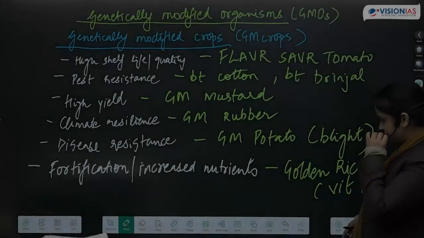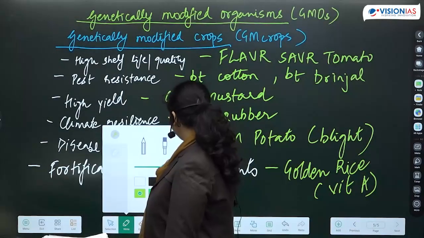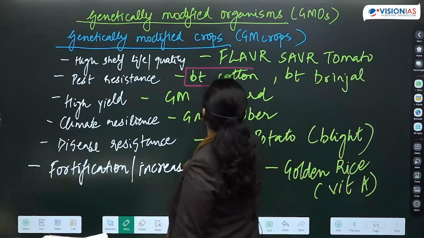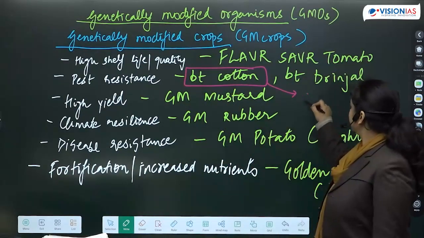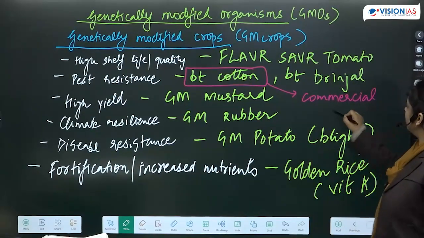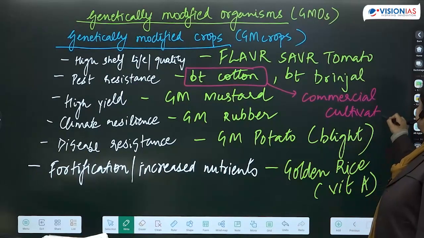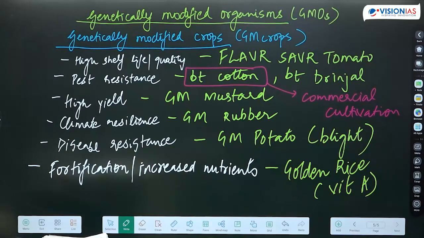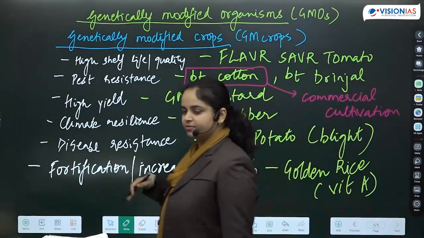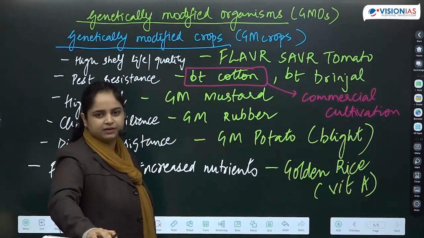As of today, there is only one GM crop in India which is allowed for commercial cultivation. BT cotton is the only GM crop which can be grown in India. All the other things are at the research stage, trial stage, experimentation stage. There is just one crop which we have allowed.